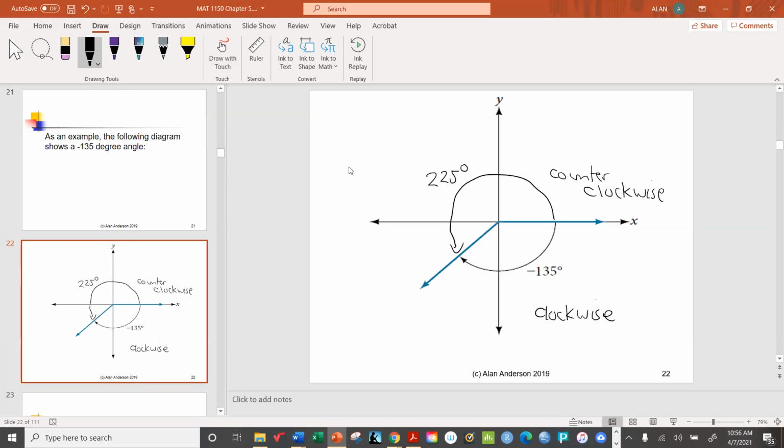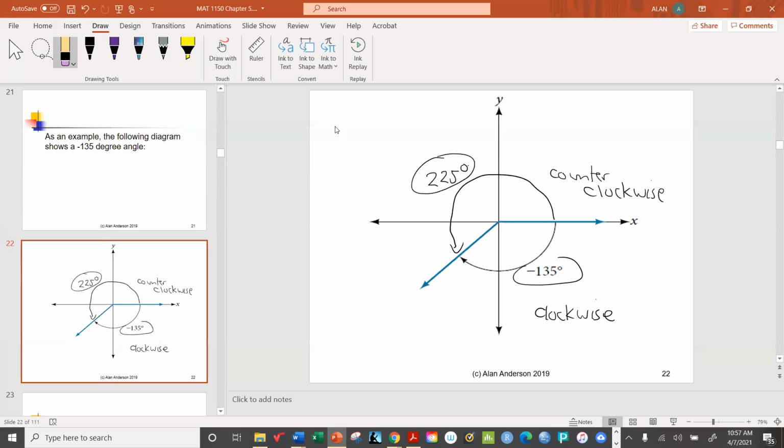So these two angles actually mean the same thing. It's just that in one case, we're moving in a counterclockwise direction, and the other case, we're moving in the clockwise direction. So these actually mean the same thing. We're still going to wind up at the same place.